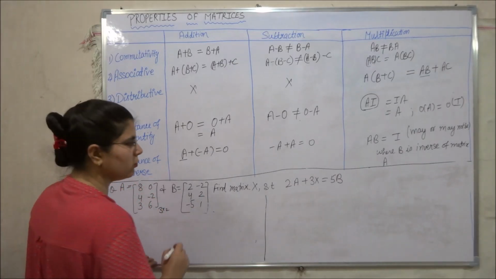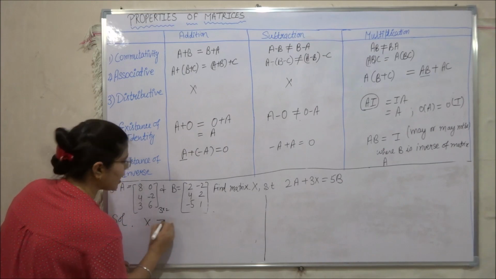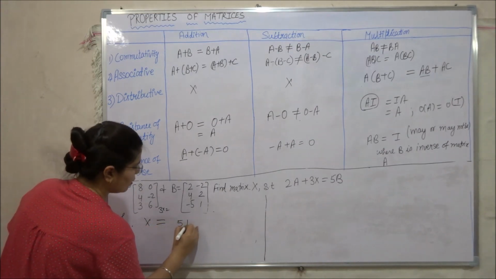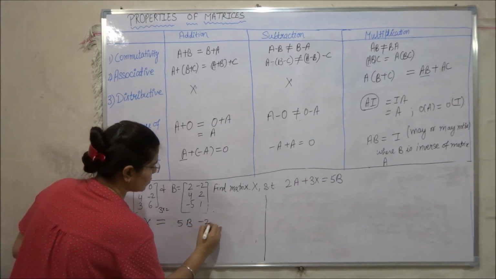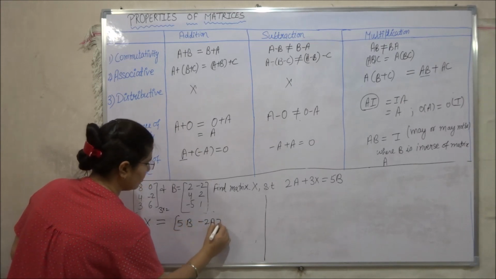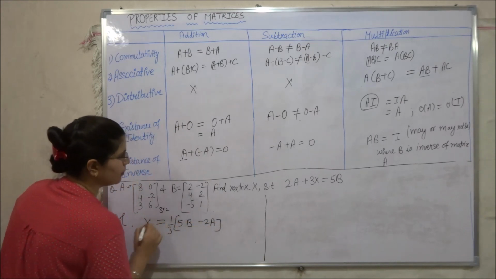Now we will continue the further part. Matrix X equals 5B minus 2A multiplied by 1 upon 3.